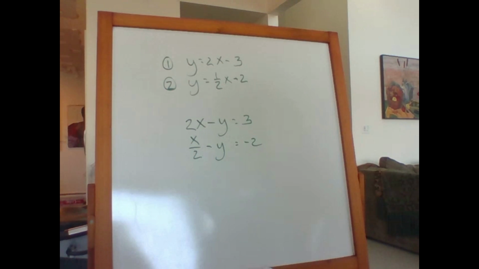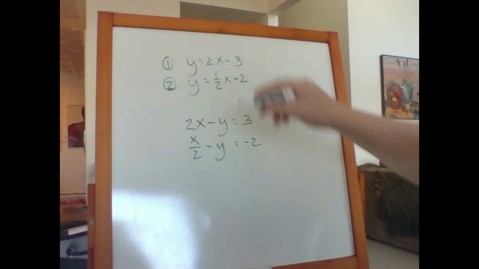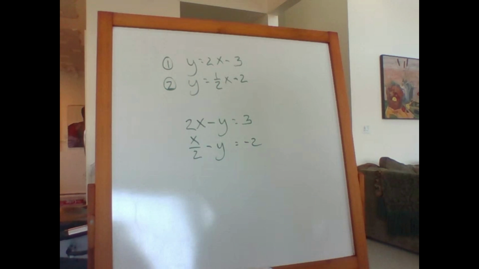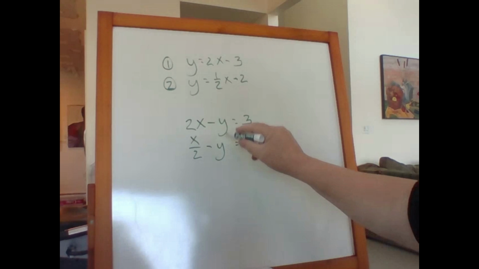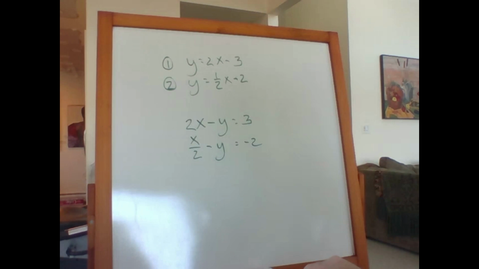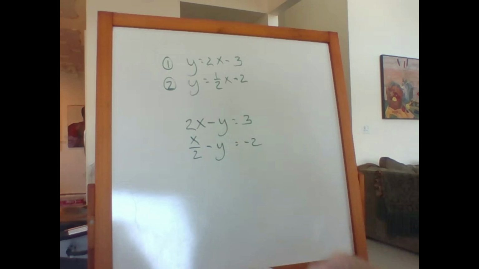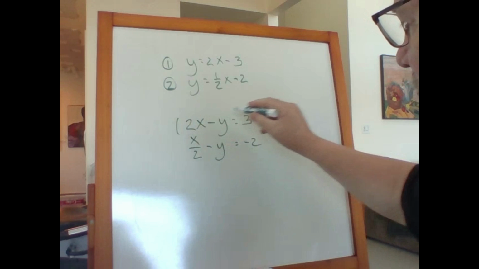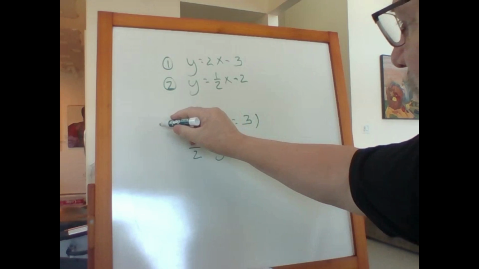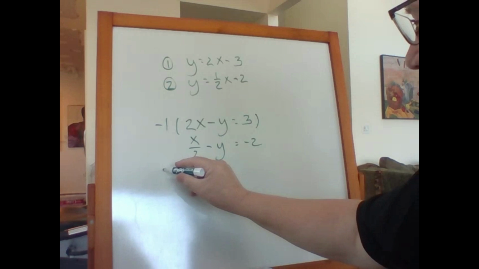Now, these are the same equations as the ones above, but now we can work with them in such a way that we can eliminate one of the variables. Right off the bat, you can see you can eliminate the y variable by multiplying one of the two equations by -1, and then adding the two equations.